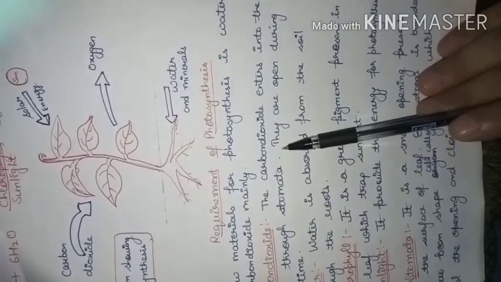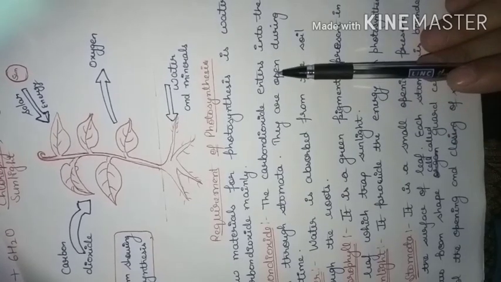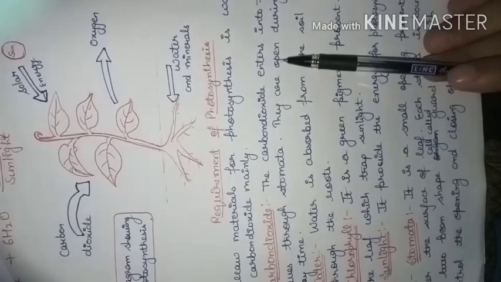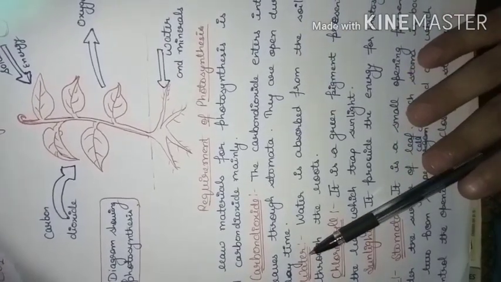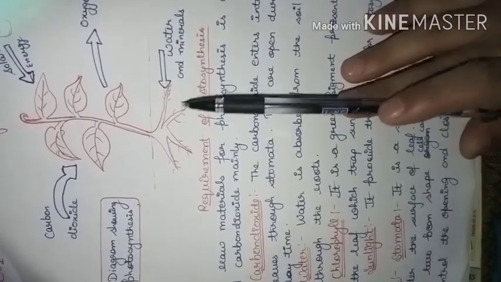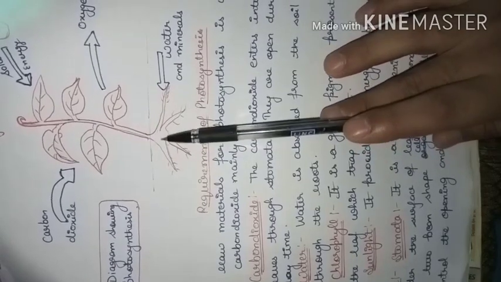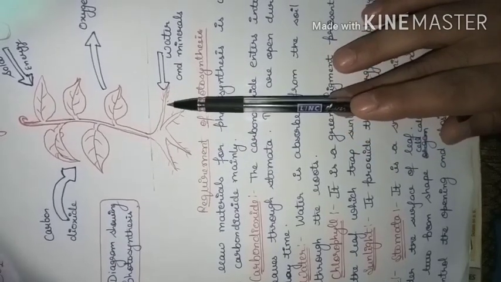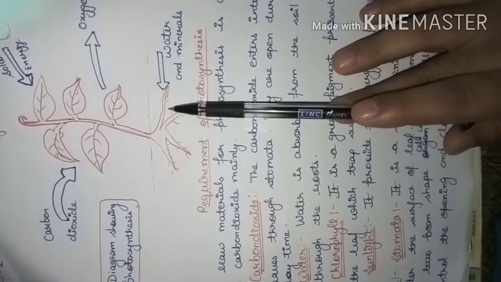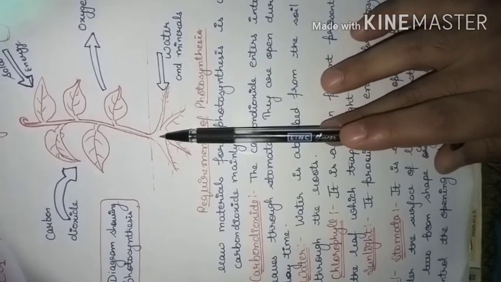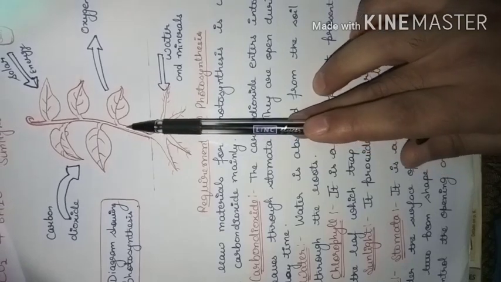Through these stomata, the carbon dioxide enters into the plant and it is utilized for photosynthesis. Now the next one is water. The water is absorbed by the plant with the help of the roots. These roots contain tiny hairs which absorb the water from the soil. In this way, the water is absorbed by the root and goes to the plant.